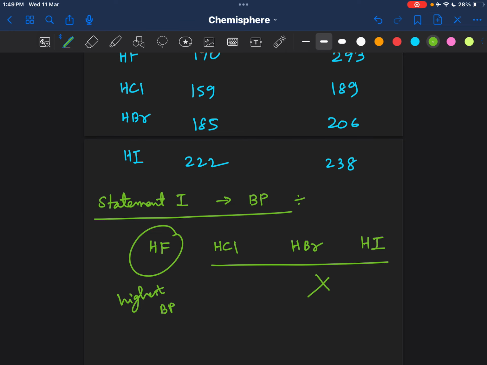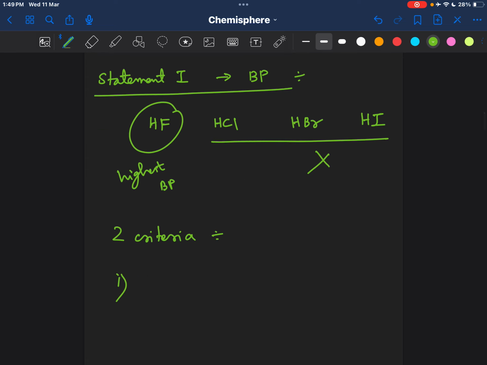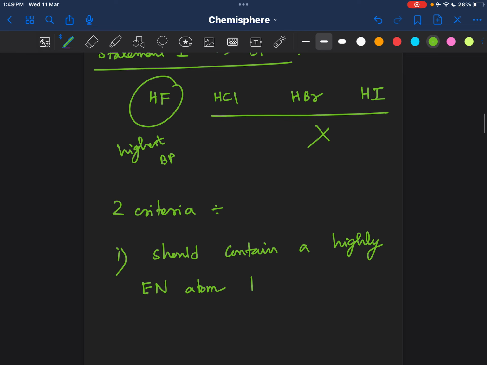They cannot show hydrogen bonding. Okay, for a molecule to show hydrogen bonding, there are two criteria. The first criterion is the molecule should contain a highly electronegative atom linked to a hydrogen atom.